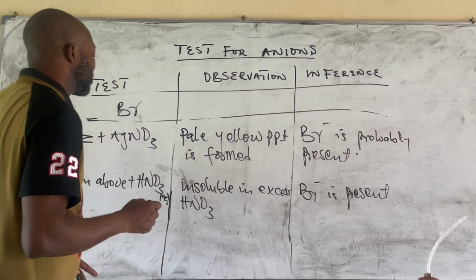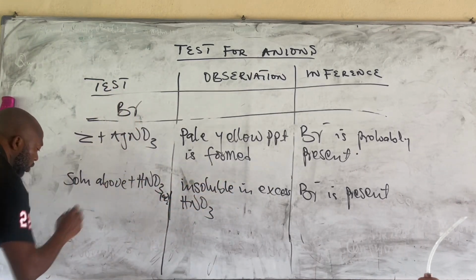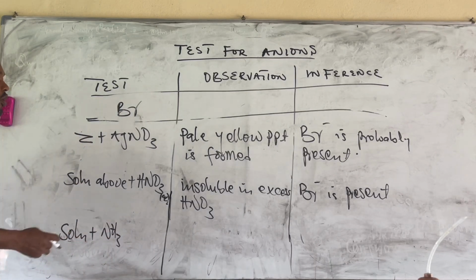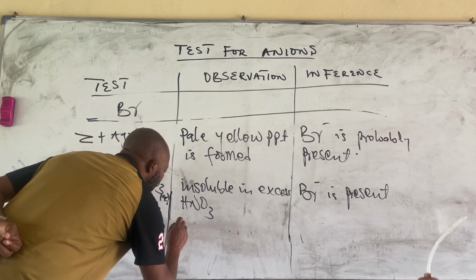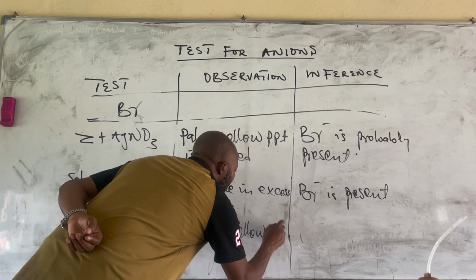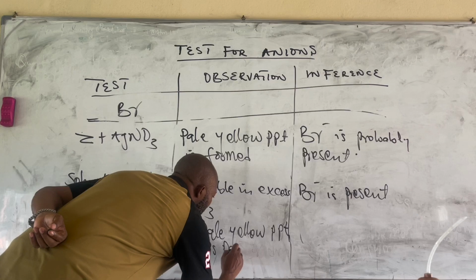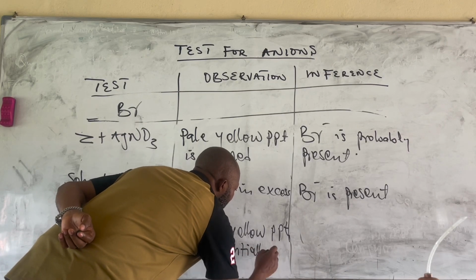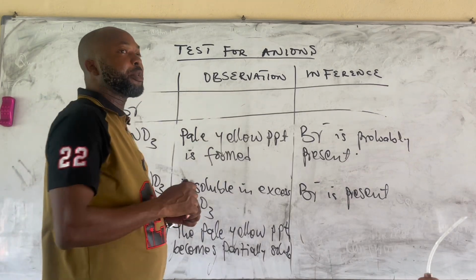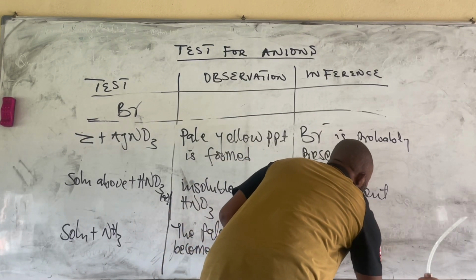Now, when we add ammonia to this solution that remains insoluble, solution above plus excess ammonia, then we say the pale yellow precipitate becomes partially soluble. That pale yellow precipitate, when we add ammonia, becomes partially soluble, and we will now say bromine anion is confirmed.